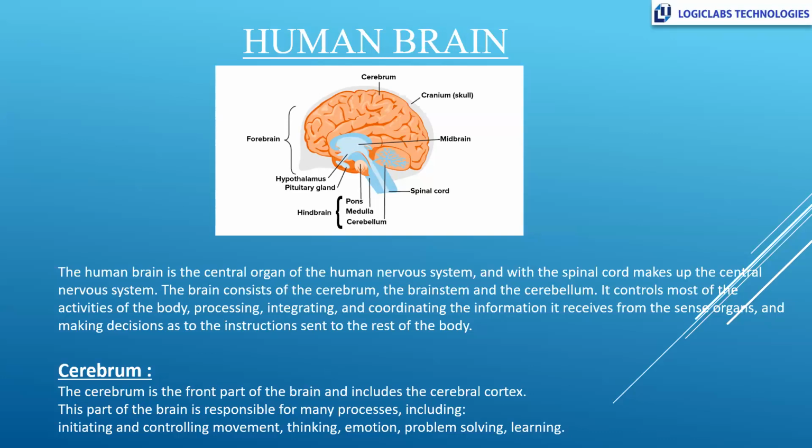What happens in this part is it receives sensory impulses from various receptors. We have different types of receptors, meaning the sense organs. They send and receive many kinds of information from different parts of the sense organs. So this is how the forebrain works.